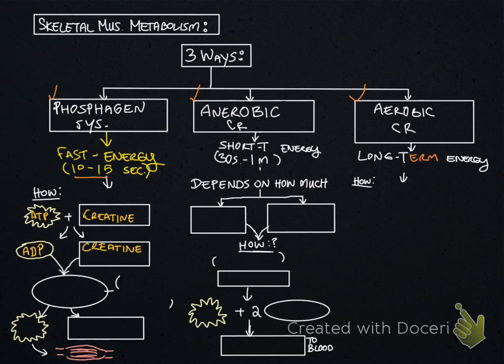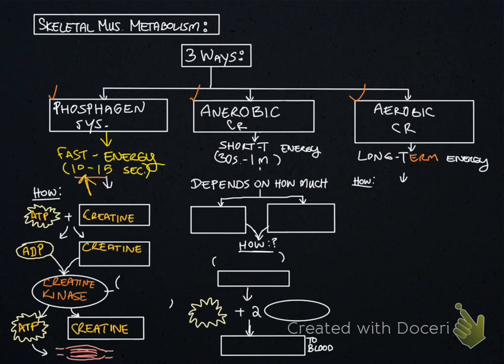And to convert that back, as it converts it back, it needs an enzyme called creatine kinase, to restore it to ATP and creatine. Okay, it transfers a phosphate to the ADP to make that ATP, the energy that is going to be used to fuel this 10 to 15 seconds of fast energy.